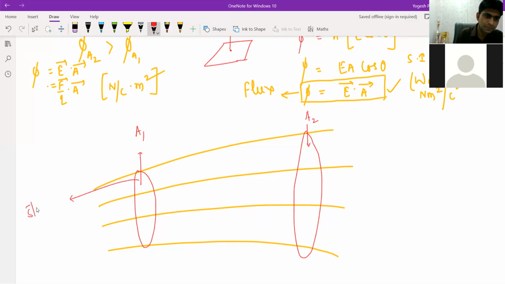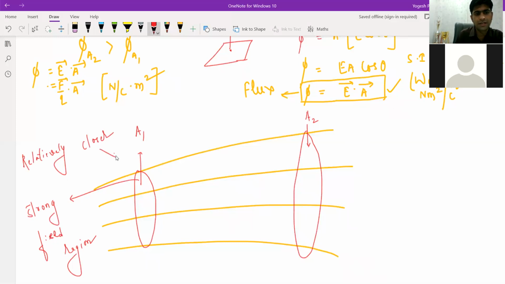One will be the strong field region. Why? Because of the maximum concentration of electric field lines. In this, the strong field region is this, because electric field lines are relatively closer for area 1.